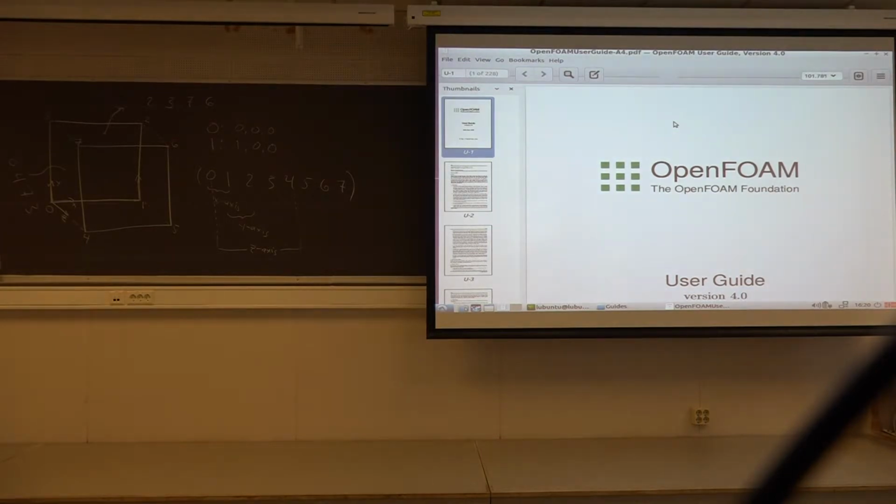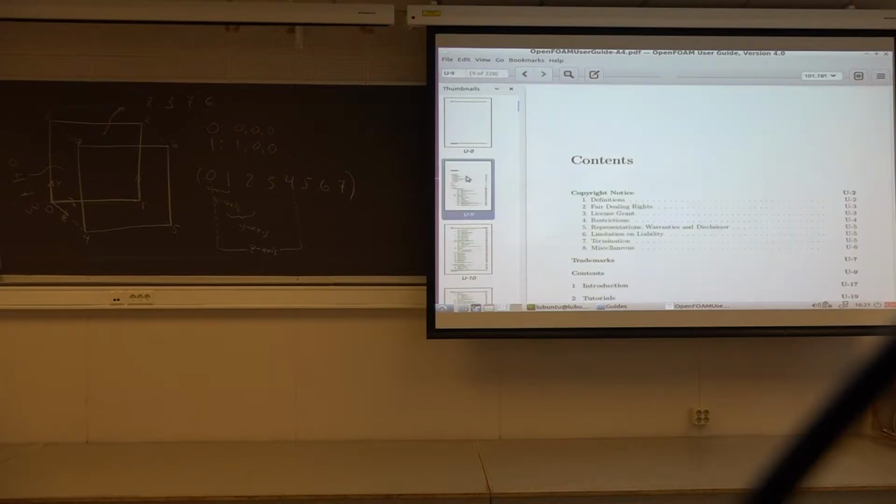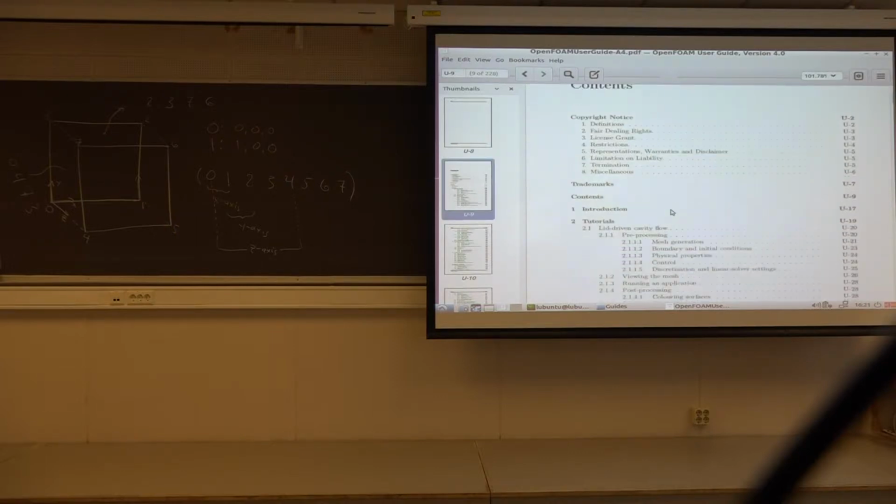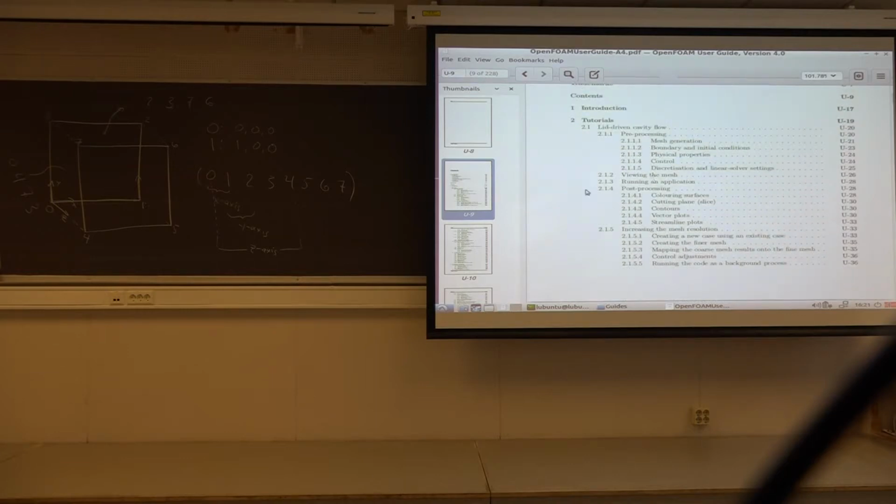Here we have the only documentation that we can get for OpenFOAM. So this one is something that we will have a peek into. It's many pages here, so we don't need the first ones. They are quite boring, a lot of trademarks and license and everything, nothing to worry about.